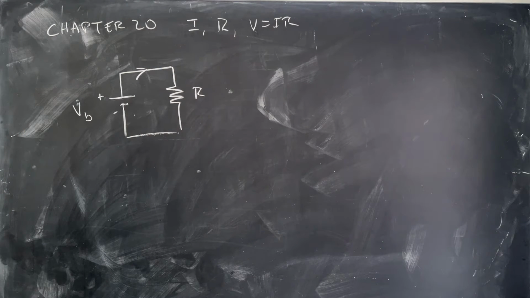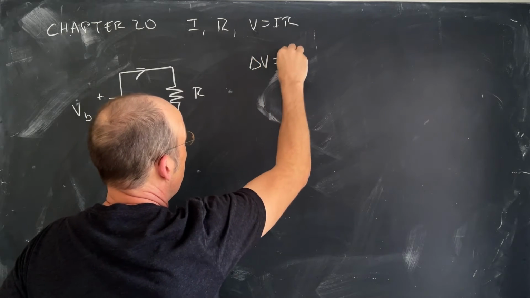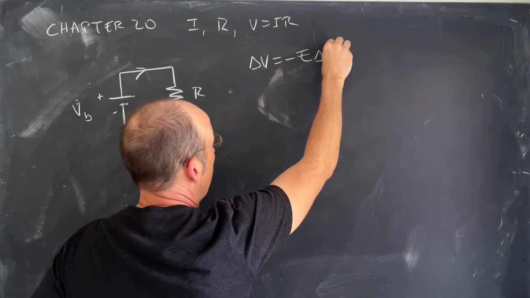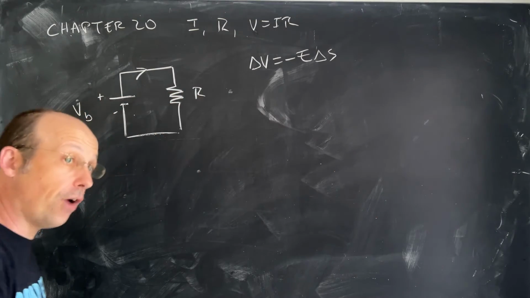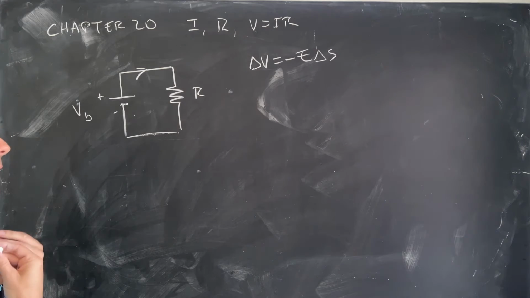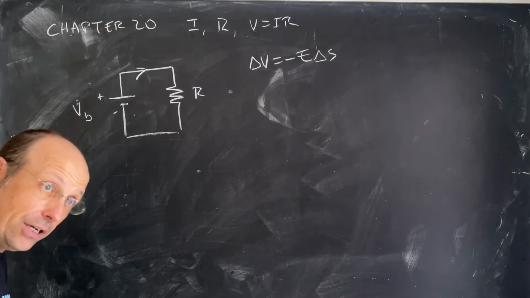We're going to get into this later, but we can use two very important ideas. If you remember that delta V is negative E dot delta S, that's how we define the change in potential, and it came from the idea that we could turn the electric force into a potential energy.